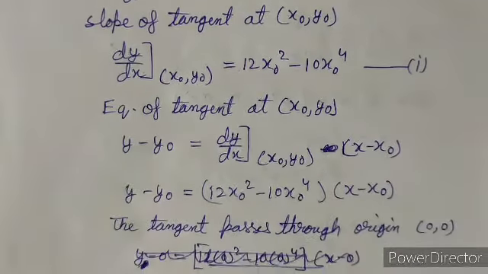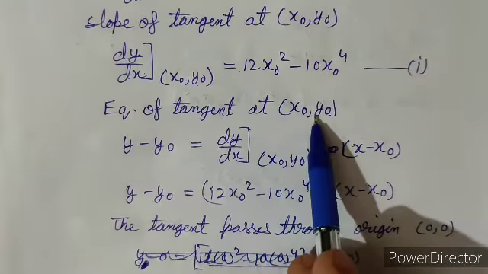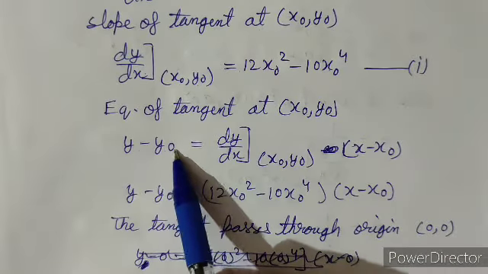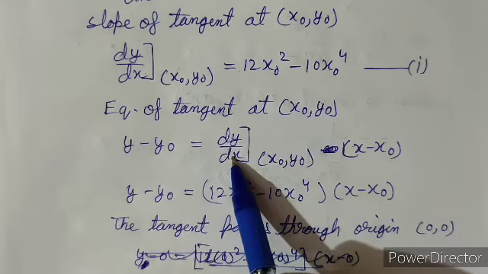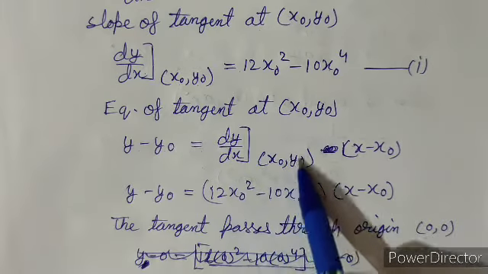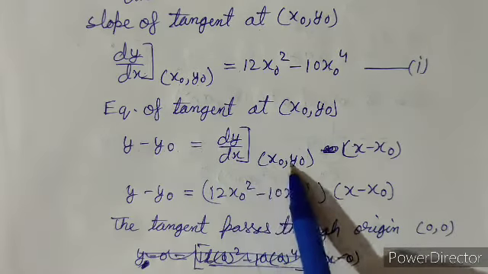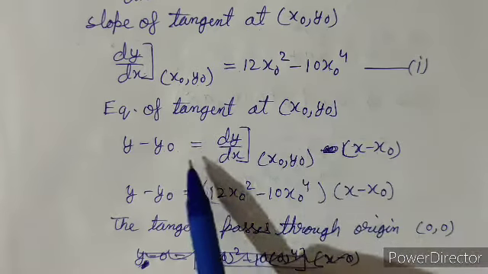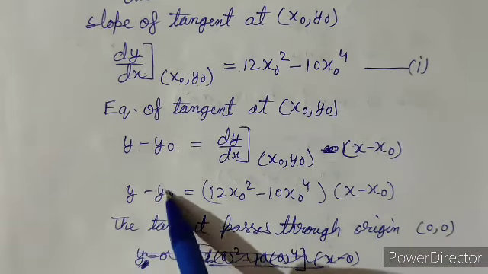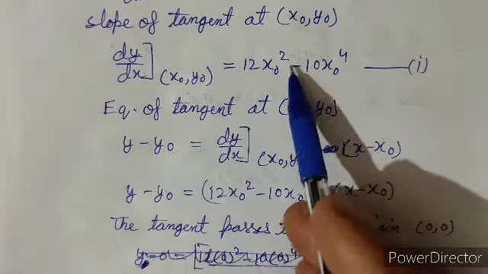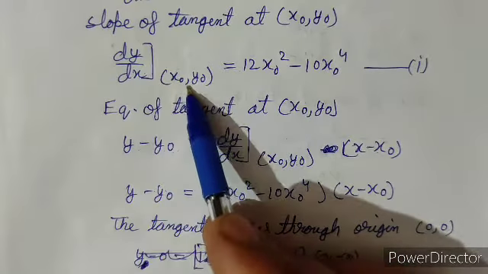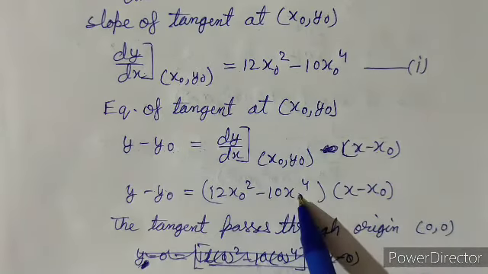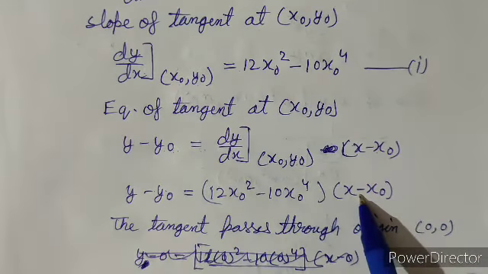Now the equation of the tangent at x0, y0 will be y minus y0 equal to dy by dx at x0, y0, that is the slope of the tangent at point x0, y0, into x minus x0. Now this will be y minus y0 equal to 12x0 square minus 10x0 to the power 4 into x minus x0.